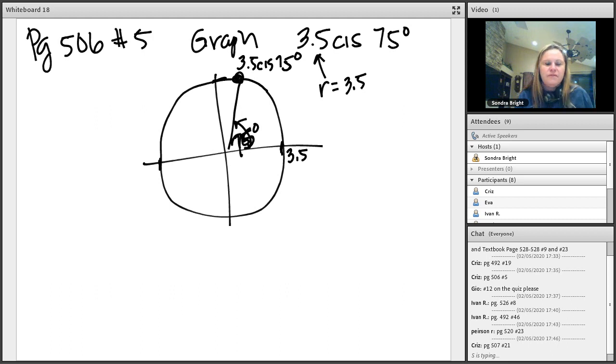This pen is not working very well for me. And your r, that length out, is 3.5. All right, that was 506, number 5. Okay, 506, number 12 on the quiz.